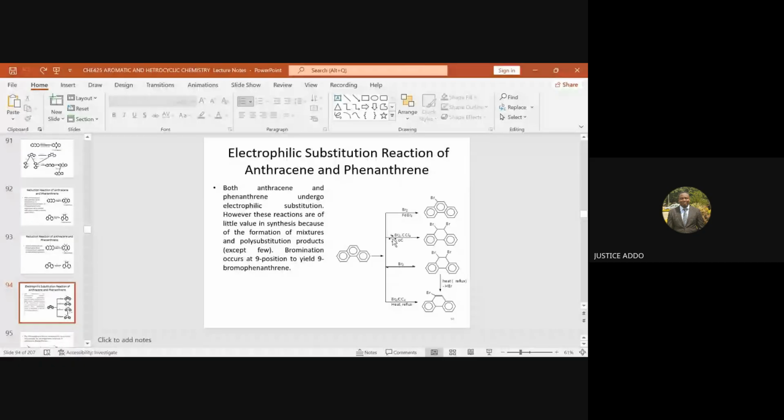So bromine adds across carbons 9 and 10, reducing the 9,10 double bond so that you get a dibromo compound here. Okay, the same thing applies here and then here. So take note of the different reagents and conditions and then the expected product.